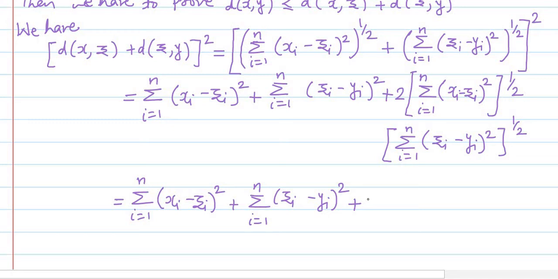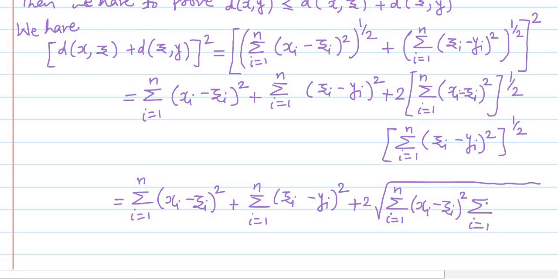So it is plus 2 times the under root of the summation over i equal to 1 to n of (xi minus zi) square into the summation over i equal to 1 to n of (zi minus yi) square. Okay, so it is this.